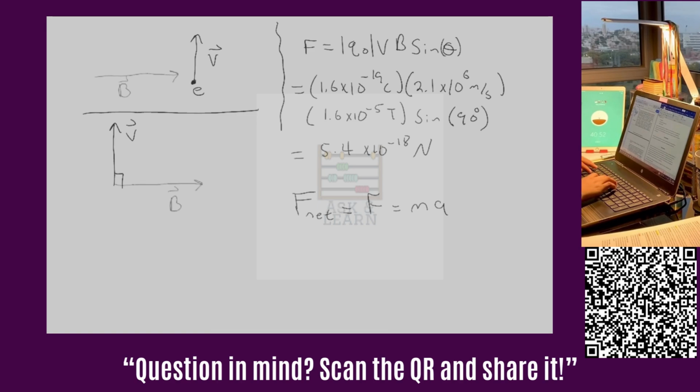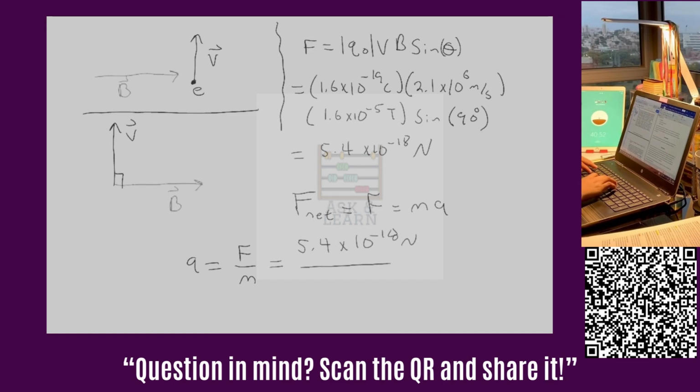So we rearrange that, and we see the acceleration is given by the force, the magnetic force that the electron feels, divided by the electron's mass. So if we go in and write these out, the electron is experiencing a force of 5.4 times 10 to the negative 18 newtons.